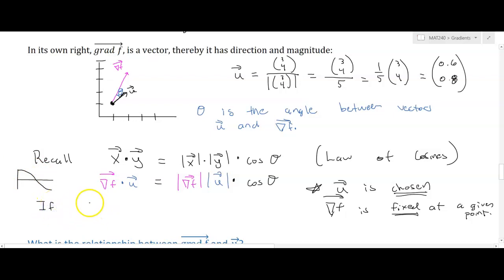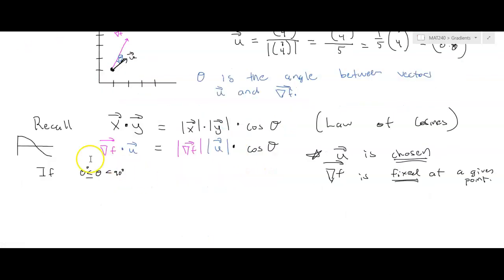So if theta is between 0 degrees and 90 degrees, 0 inclusive, 90 degrees not inclusive, then one thing that we know is that cosine of theta is going to be positive. So if that's the case, then the largest that this dot product can ever be is when cosine theta is as large as possible.